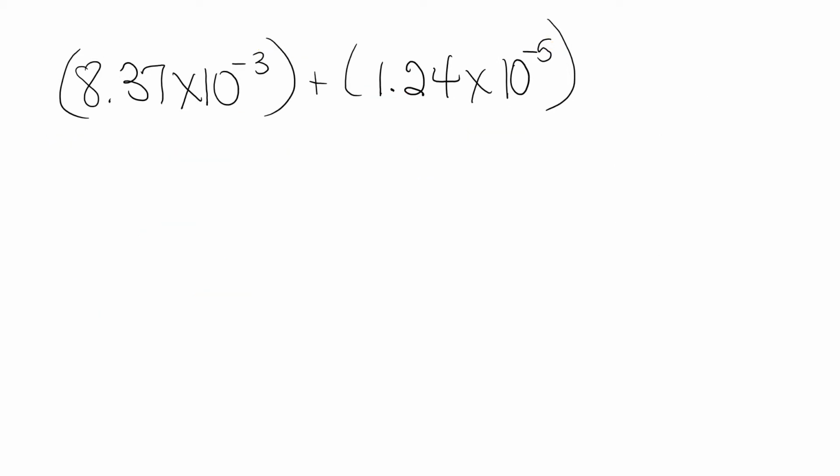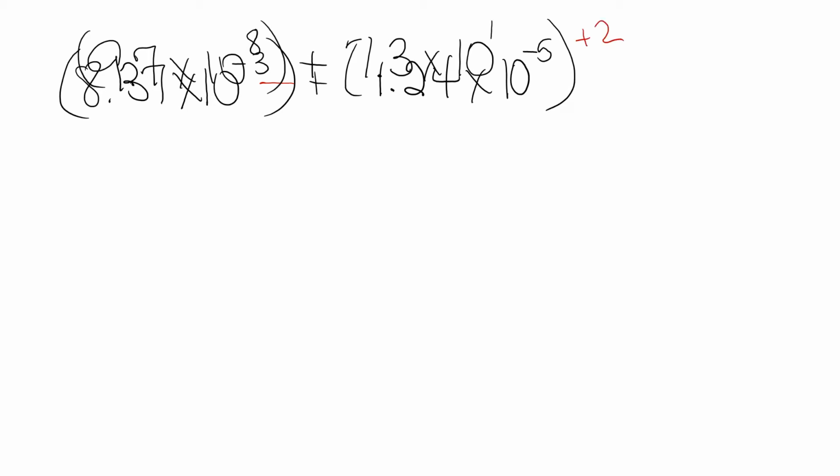Here's an example of an addition problem. Again, we're going to adjust our exponents so that they match, and we're moving up to the largest exponent. We are dealing with negative exponents, so my largest exponent here is the -3. To get this -5 to be -3, I'm going to add 2. So I added 2, which is moving that exponent up.